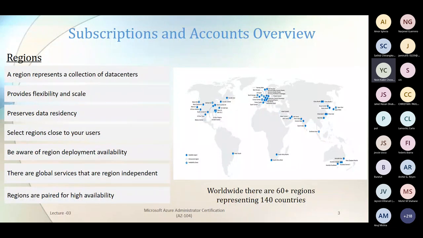Select regions close to your users. There are some points I have written here, so look at those points. Select regions close to your users. Suppose you have made an application and that application is mostly used in Europe. So you can choose the data center of Europe to host that application.